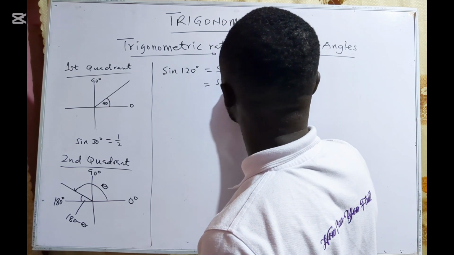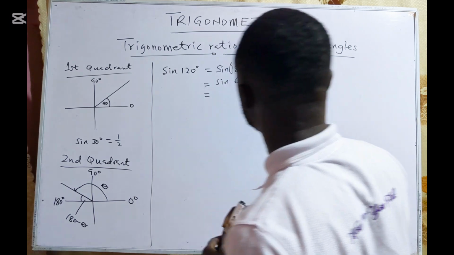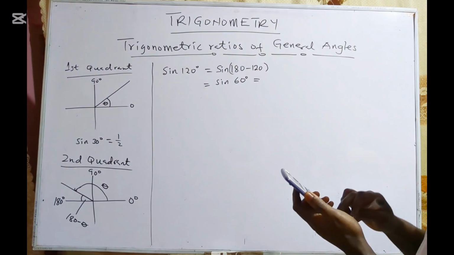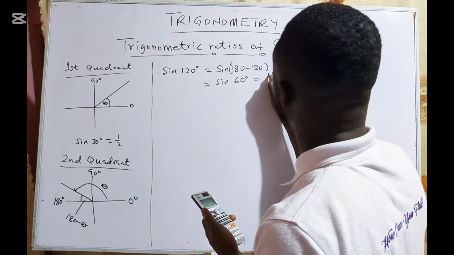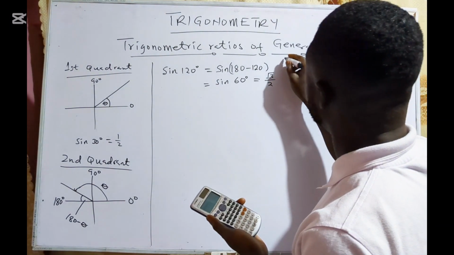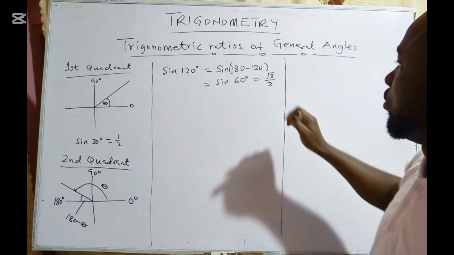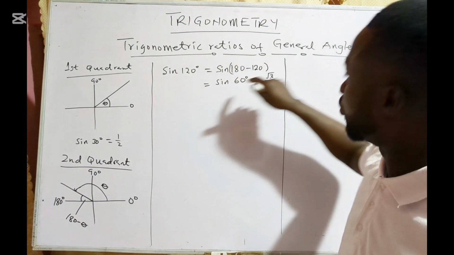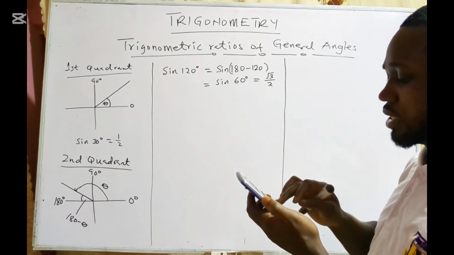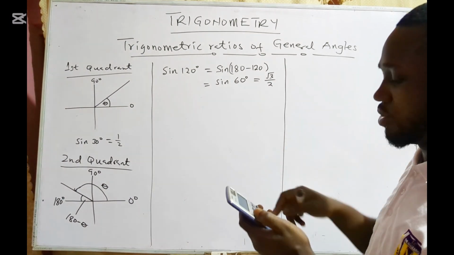It will give us 60. And sine 60 gives us root 3 on 2. So if you put sine 120, it will give you the same answer, root 3 on 2. You can try that.